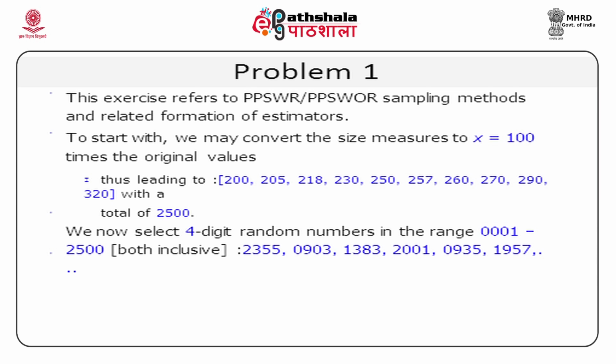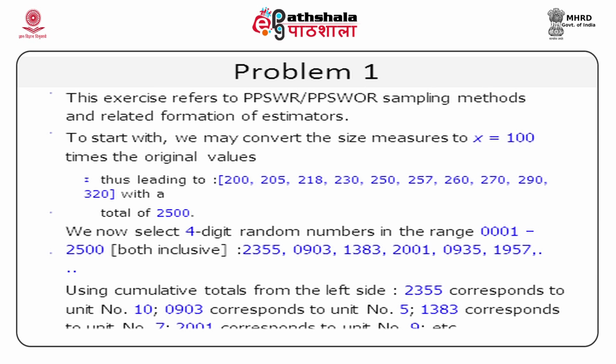Now, you select a 4-digit random number ranging between 0001 to 2500. As usual, you know the standard procedure for consulting a random number table. You could also generate these numbers in the computer, but anyway, these are the numbers obtained by consulting a random number table. These are 2355, 0903, and you know how to translate that into a corresponding number here.